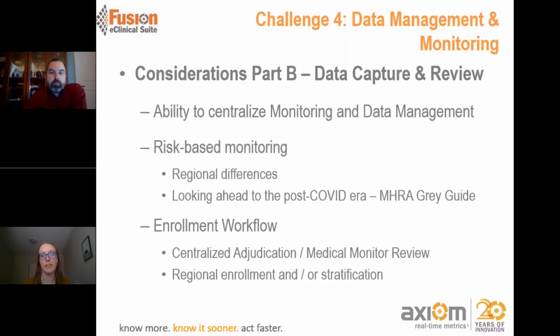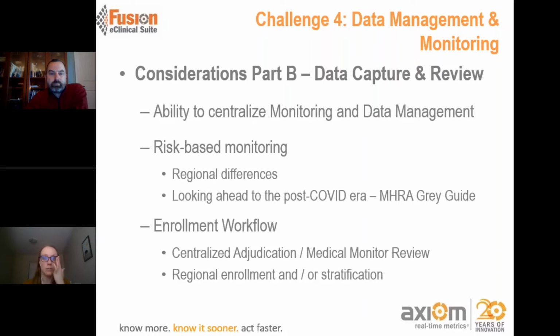Absolutely, and just touching on our final point, which is a little bit outside of the data capture, the enrollment workflow. Being able to centralize that adjudication or medical monitor review across all sites and regions really allows for consistency when it comes to the enrollment, minimizing the differences when you're looking at any pooling requirements for review and analysis.